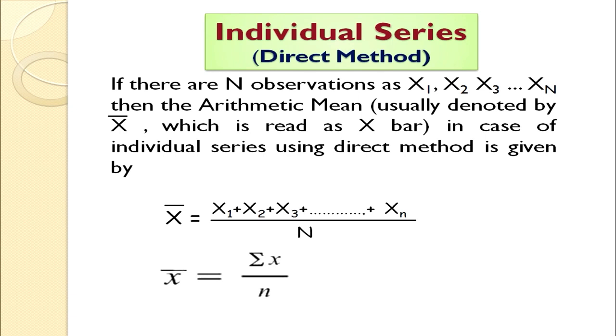Summing up all the item values is known as sigma x or summation of x, divided by n. N denotes total number of observations. So, here is the first formula to calculate arithmetic mean in case of individual series by direct method.